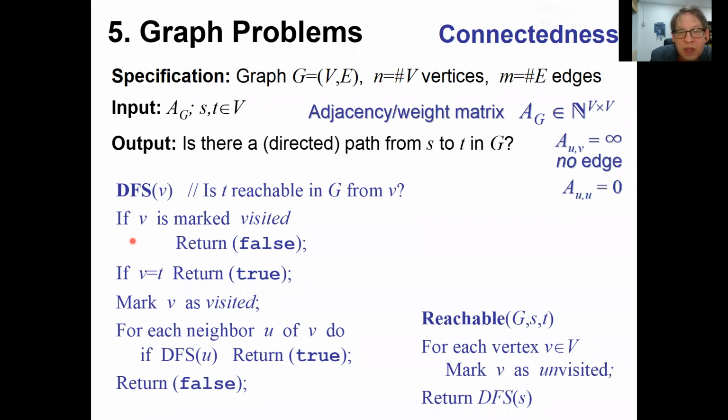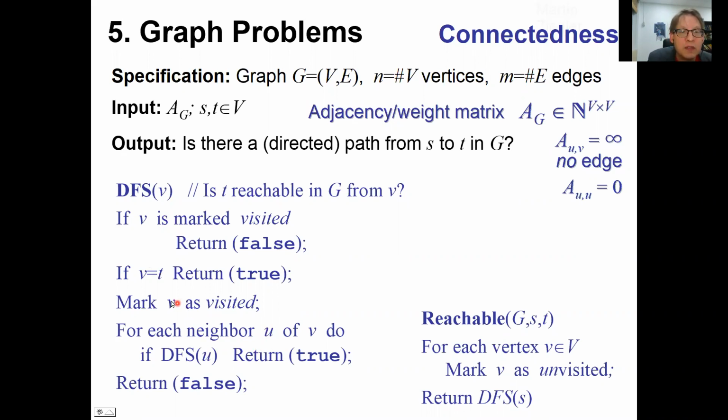And if from any of these vertices the target vertex can be reached, the target vertex is also considered implicitly in this algorithm, then also from the current vertex the target vertex can be reached by transitivity, right?